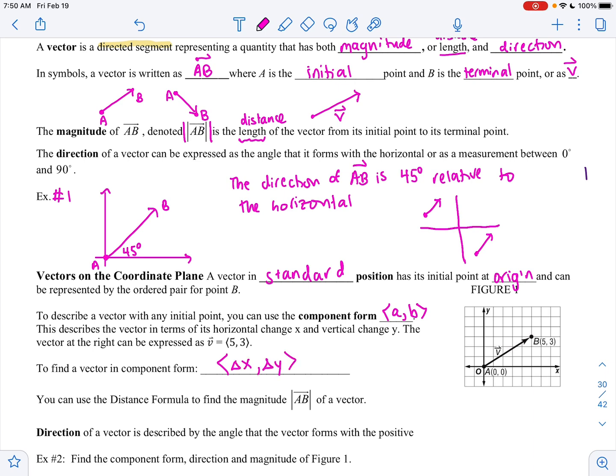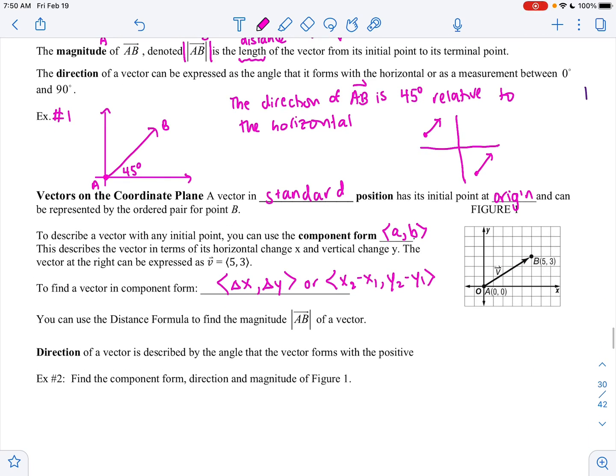Recalling what that meant in Algebra 1, that meant take the x coordinate, subtract the x coordinate, take the y coordinate, subtract the y coordinate. So if I use figure 1 as an example, the component form of this vector would be my change of x. So this is, let's say, x1, y1.